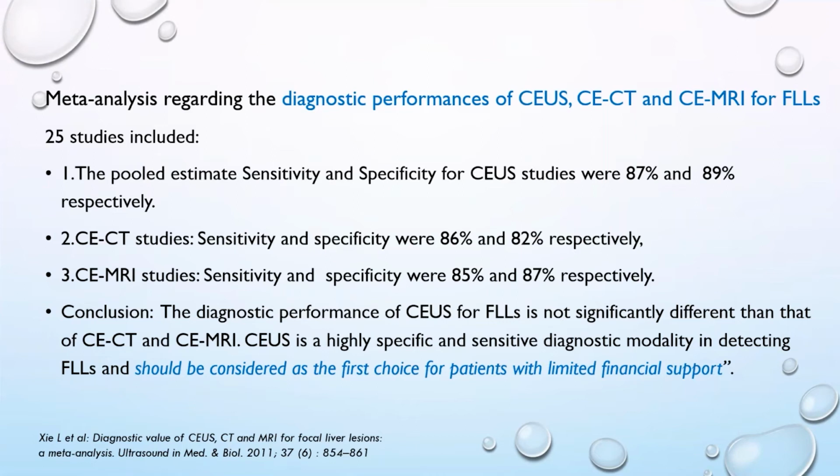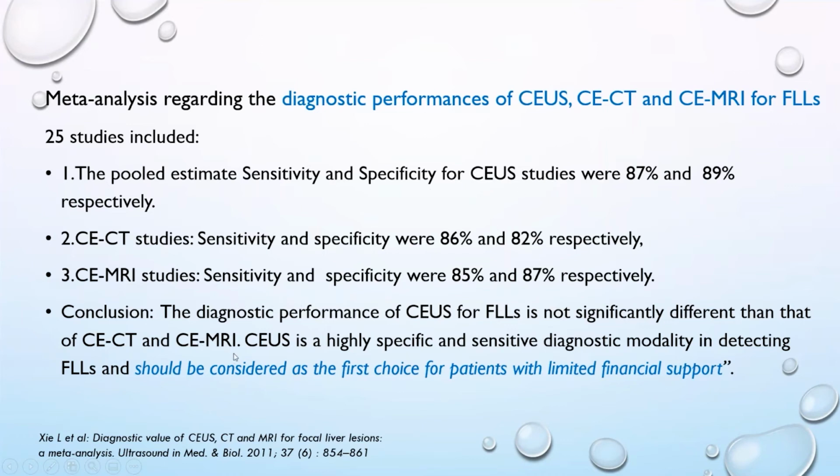There are also meta-analyses available. This is one of the first, which appeared in 2011, and it compared contrast-enhanced ultrasound to contrast-enhanced CT and contrast-enhanced MRI for characterization of focal liver lesions, and showed similar results. So the sensitivity and the specificity of all techniques were pretty much the same.